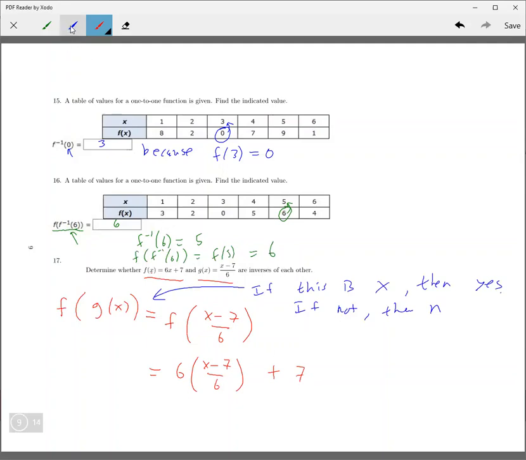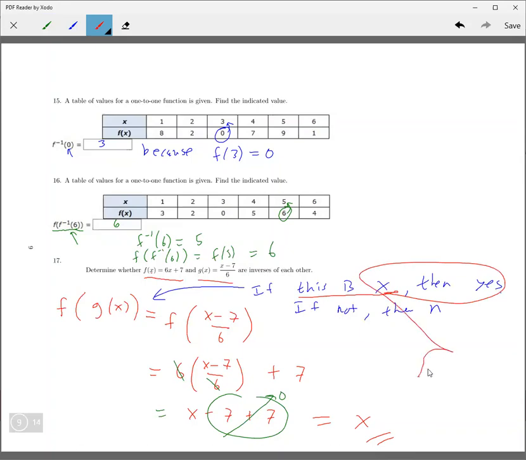And then everything just kind of cancels out because those 6's cancel, so we get X minus 7 plus 7. We have a minus 7 or plus 7. So those reduce to 0 and you end up with just X, which, so we're in this situation. So the answer is yes.